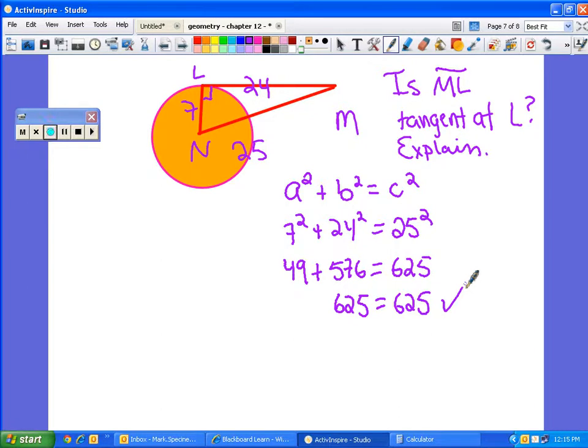Therefore, we have a right triangle. If we have a right triangle, then therefore we have a right angle. If we have a right angle, therefore LN is perpendicular to LM. And if LM is perpendicular to LN, therefore LM is a tangent to circle N.